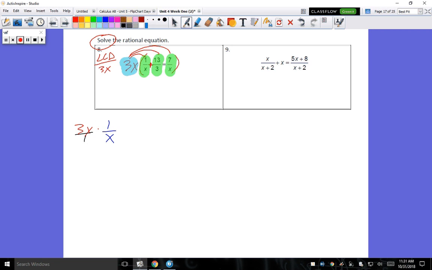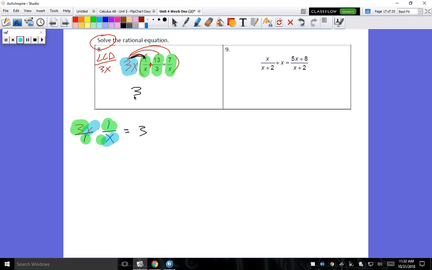So these x's cancel. Okay, so let me write that so you can see it. That x will cancel with the x to get 1. And now multiply everything across, 3 and 1 to get 3. So this distribution just gave us 3.